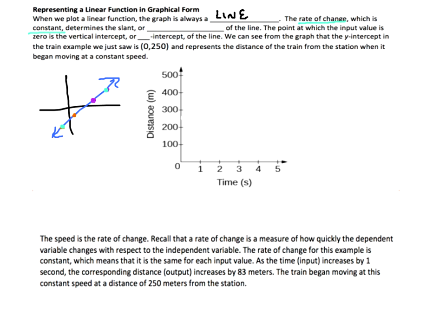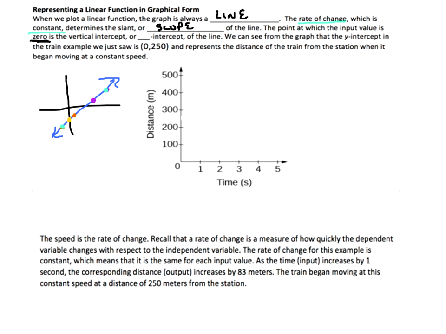You could look at that as linear, and that determines the slant or the slope of the line. The point at which the input value is 0, on my little sketch graph, we'd be talking about this point here, an x value of 0.